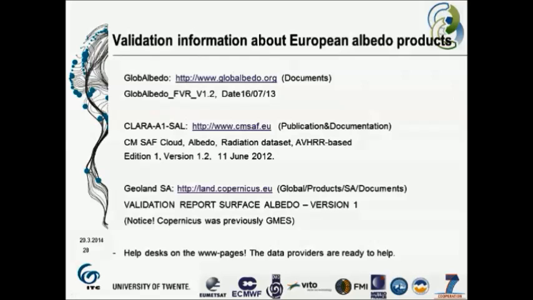And just about all of the data providers also have help desks through which users can directly contact the people who've made the products and ask why there is a feature X in the product for this region and time of my interest. And the product producers are generally very willing to help users, because having users is why we make these products in the first place.